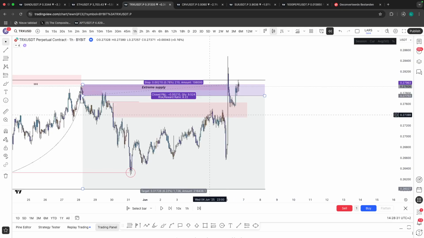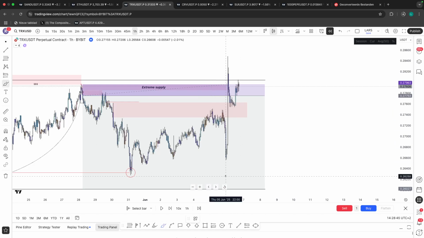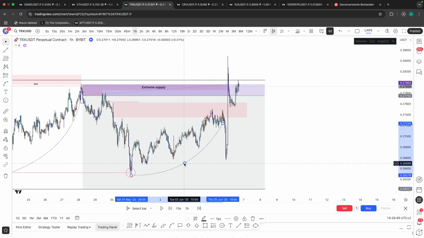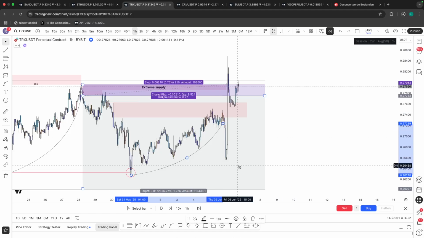My apologies. We did not mitigate extreme supply, but we mitigated the supply that we wanted to see deliver a rejection for us to hit our technical target, because on the way up, we created nothing but sell side liquidity. So it should be an easy move down.